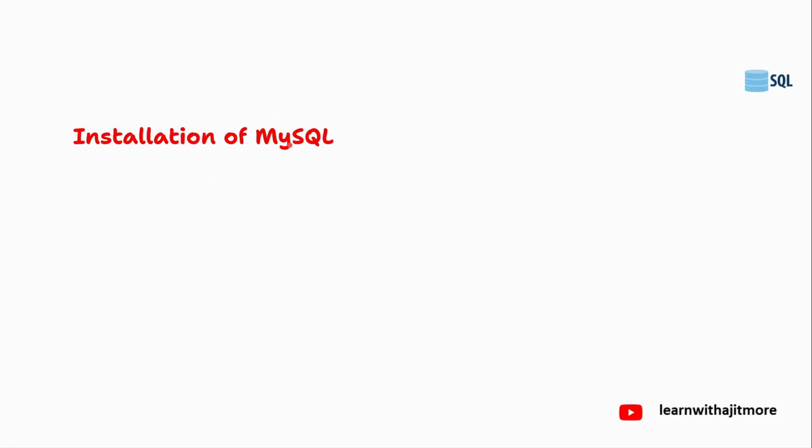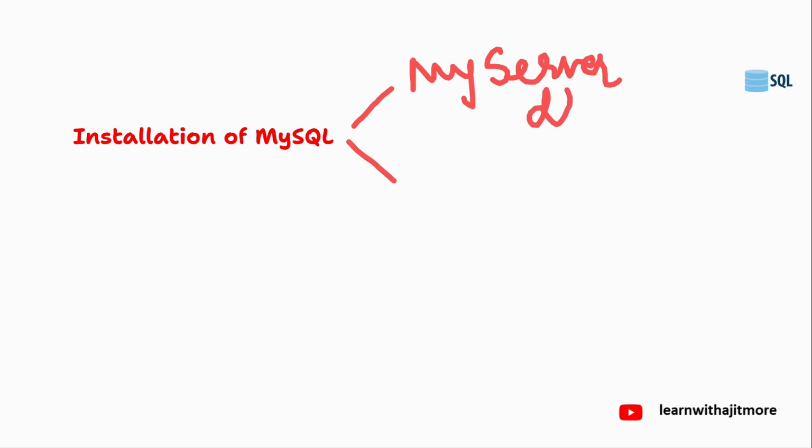Okay. Quickly, I'll just tell you. Whenever you are installing MySQL, there are two parts in it. One is your MySQL server, okay? And a MySQL server is a program which is continuously running in the background. MySQL server is your actual DBMS.